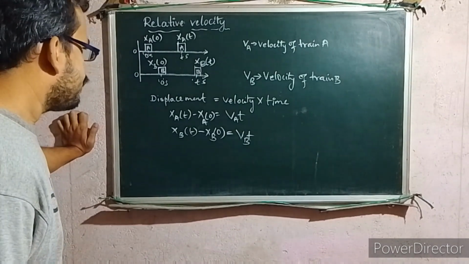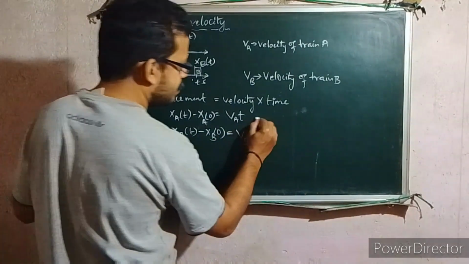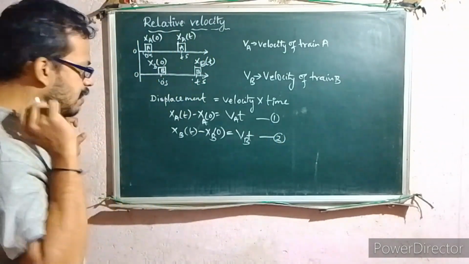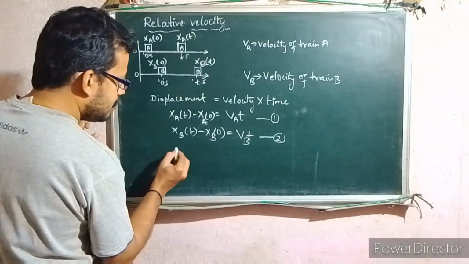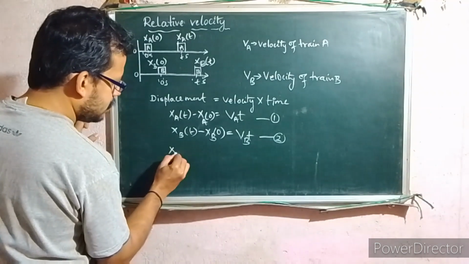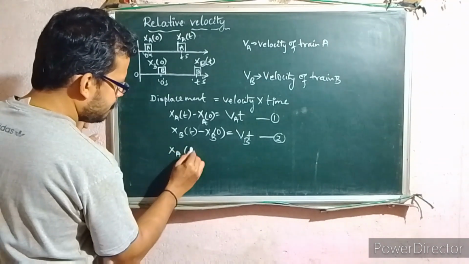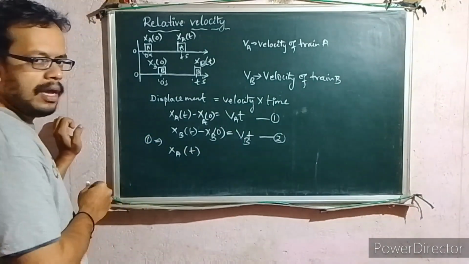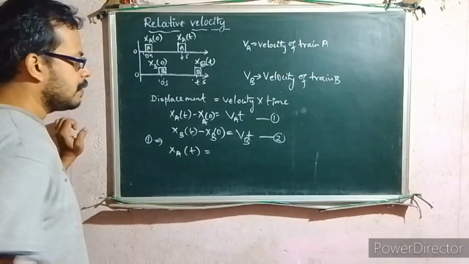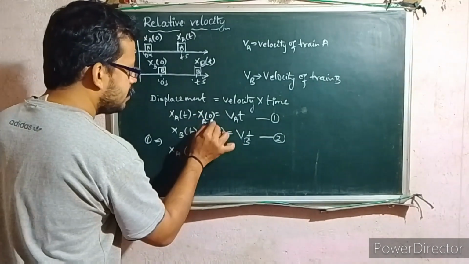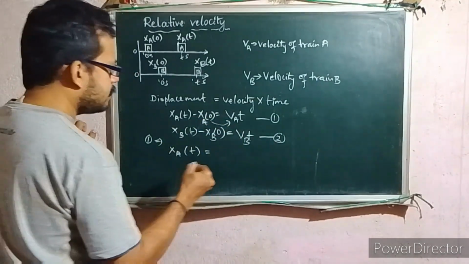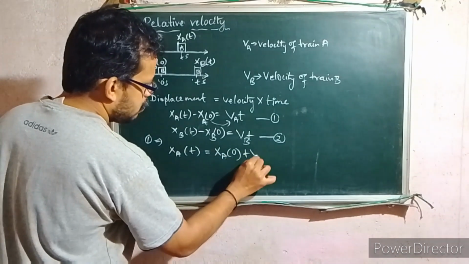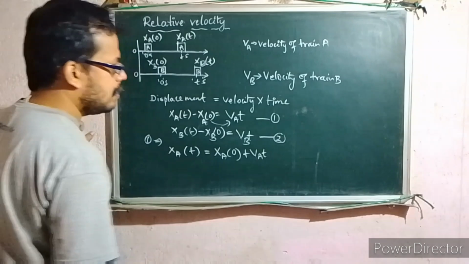So from this, I will take this as equation 1 and this as equation 2. From equation 1, I can write XA of t equals, I'll bring this XA of 0 to the right hand side, so it will be XA of 0 plus VA t, isn't it?